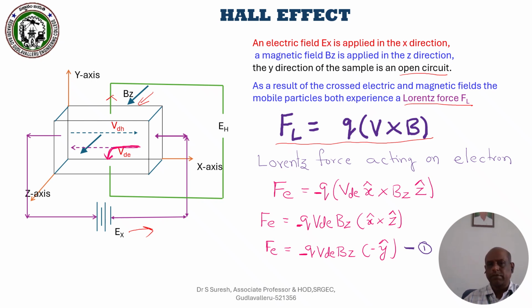The cross product of x cross z is the minus y direction. What does it mean? The Lorentz force is pushing the electrons towards the negative y direction. Actually, y is an open circuit, but the Lorentz force is pushing them towards the y direction.